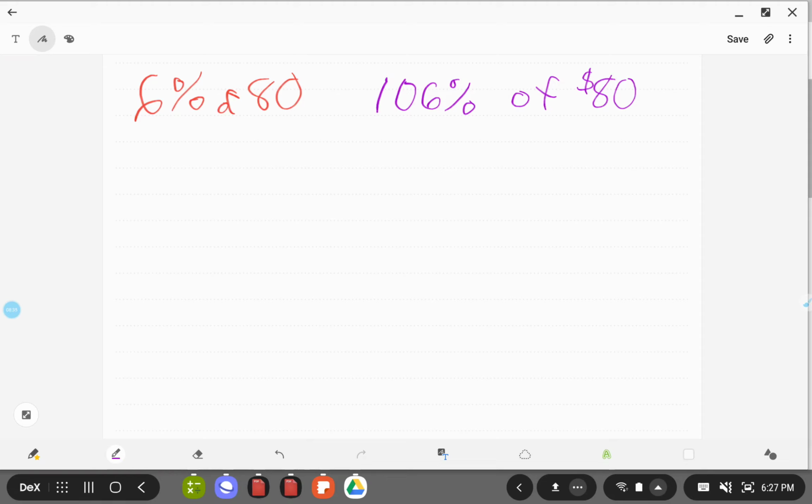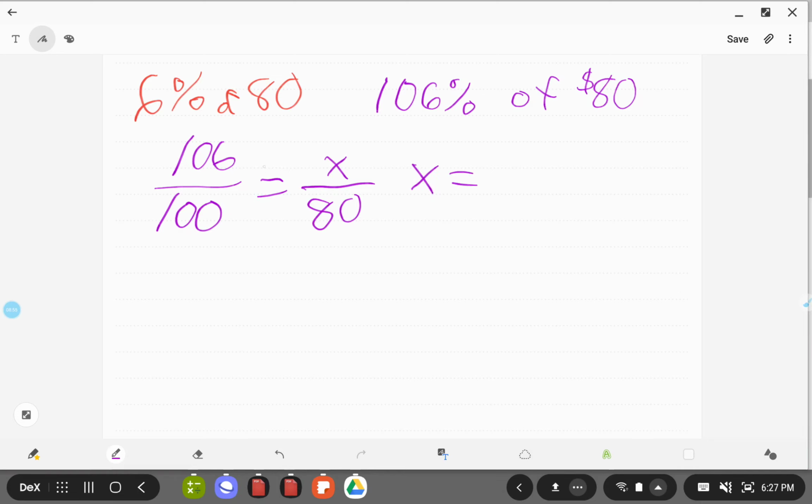So if I'm solving it, I have two different ways I can solve it, just like before. So 106% would be written as 106 over 100, because you always write your percents over 100. And 100 represents the whole, it represents the original. So 80 still goes on the bottom. And now I'm looking for this piece here. So if I solve it, I'm getting x equals, I'm multiplying my opposites, 106 times 80.